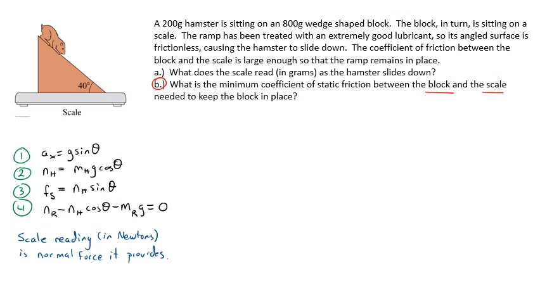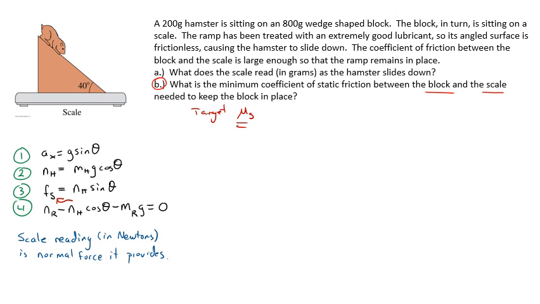So our goal here, our target, is the coefficient of static friction, mu s, right? And you look at these four equations, it's not in there, but you know that it has something to do with this Fs, right? Something to do with that force of friction.